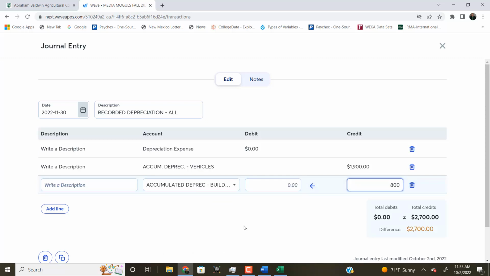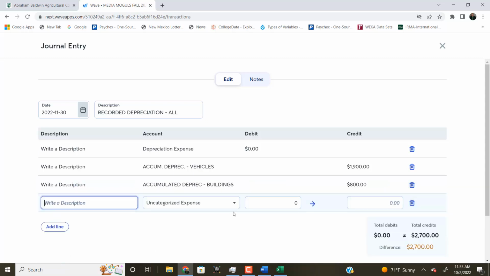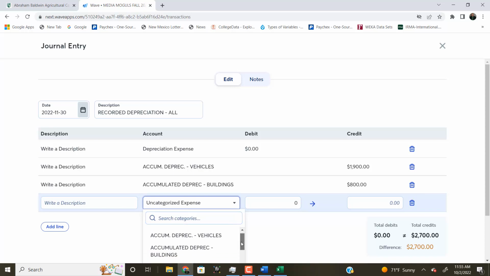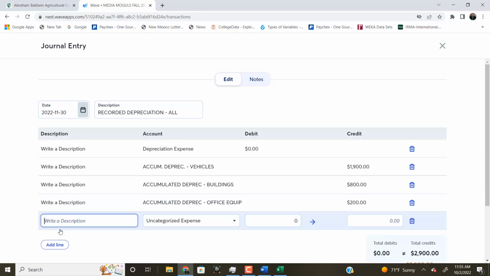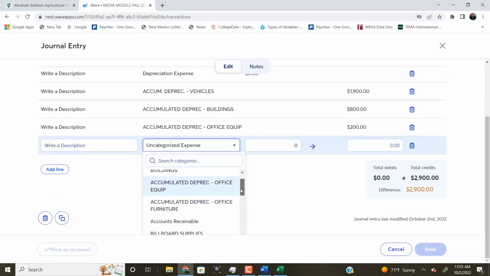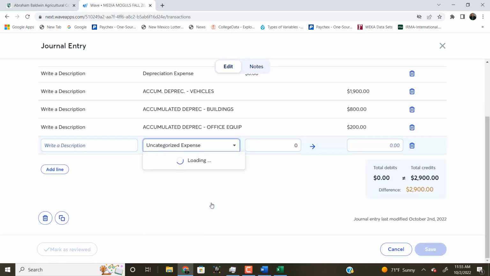Again, if you get lost, just go back to October. It should be exactly the same thing for October. Office equipment, that one was for $200. Add a line. Office furniture, and that one was for $75.